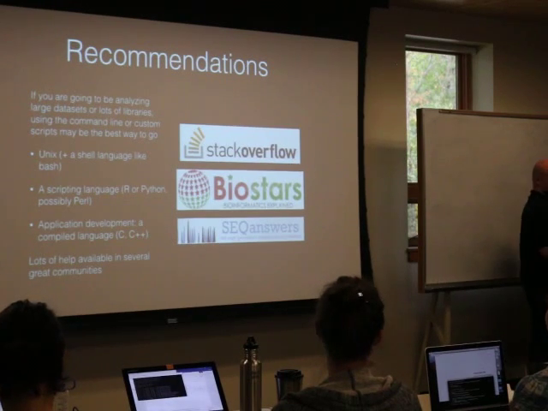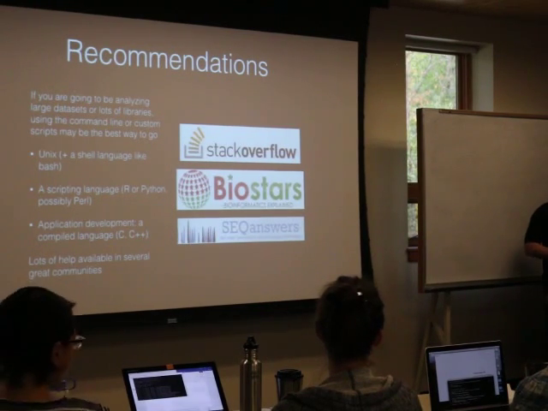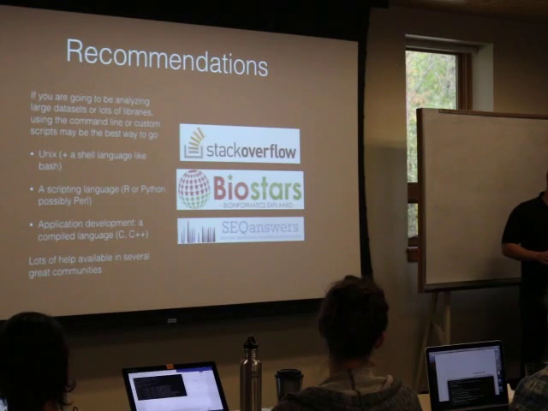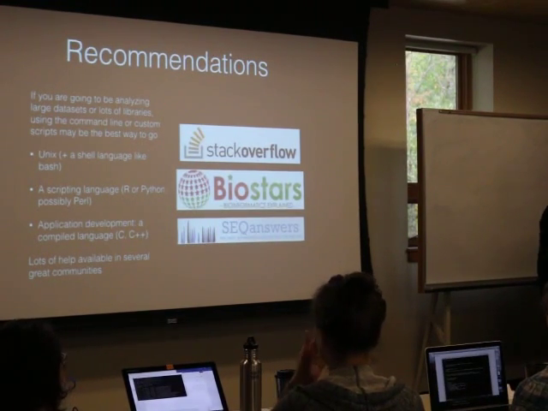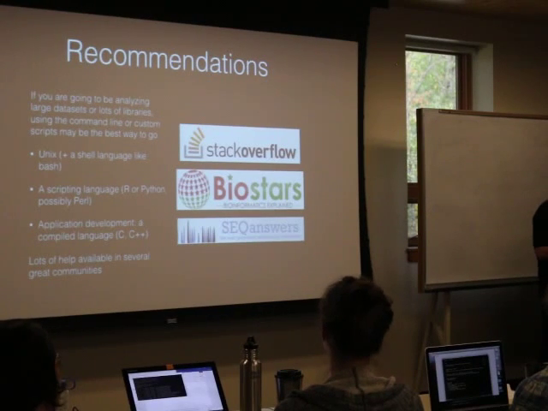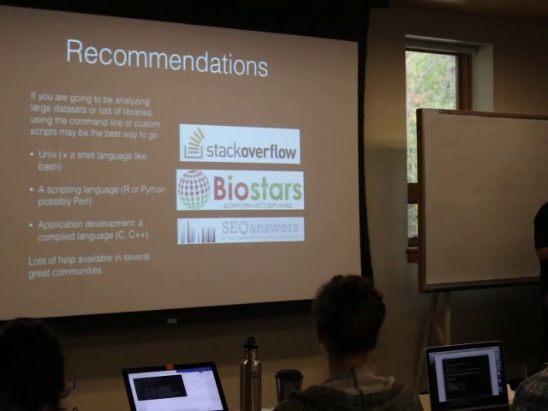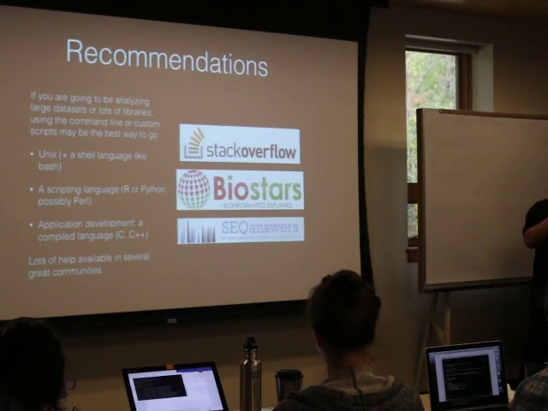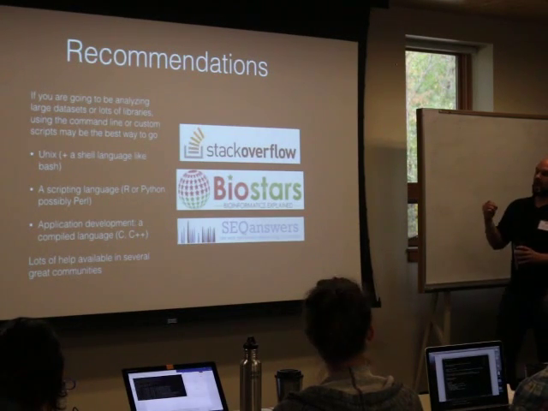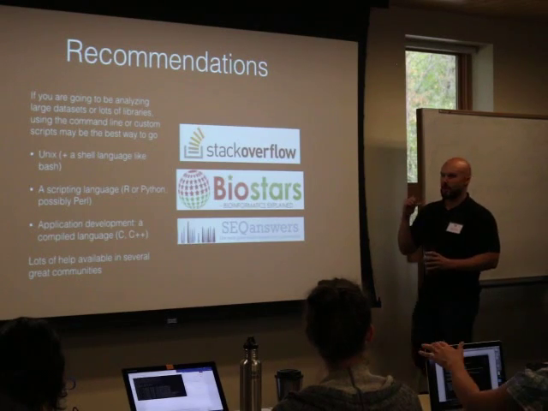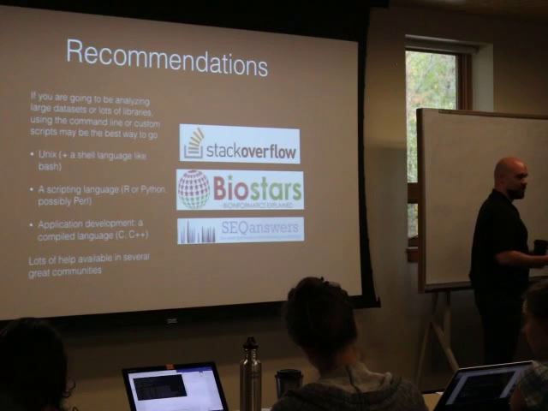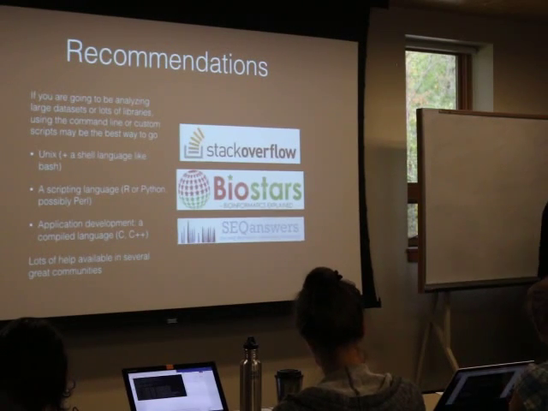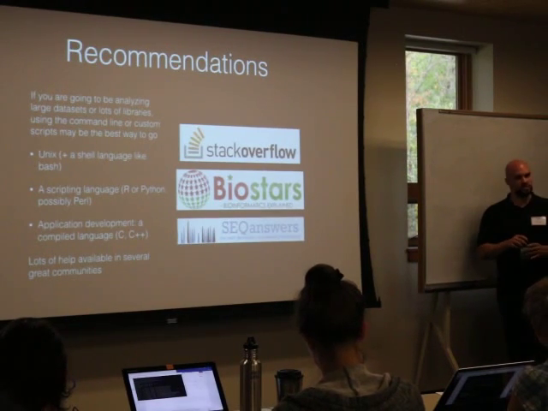I use R and Python daily. Consider myself intermediate to advanced in those. And Perl used to be really popular back in the day. So that's something people might find useful. I don't like Perl personally, but again, a big one. If you're going to be writing any sort of applications, things where the calculations you're doing are very mathematical, you're going very slow, and you need to really expedite your analysis, I recommend a compiled language like C or C++.